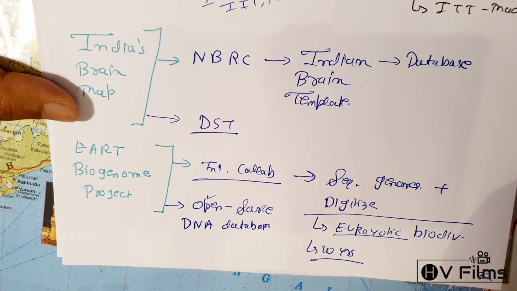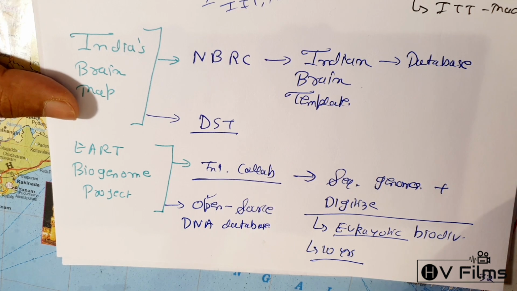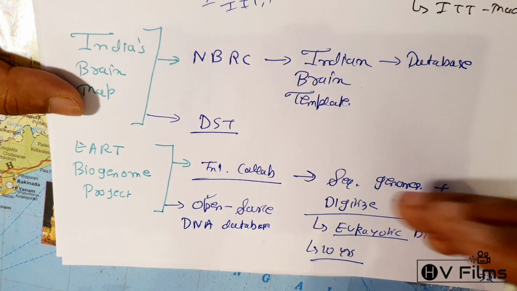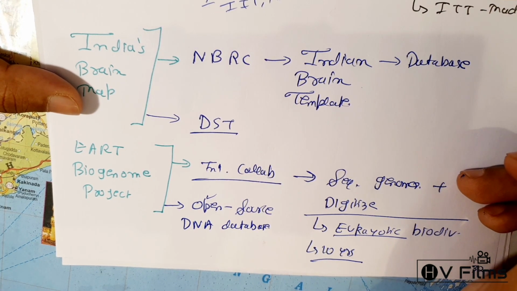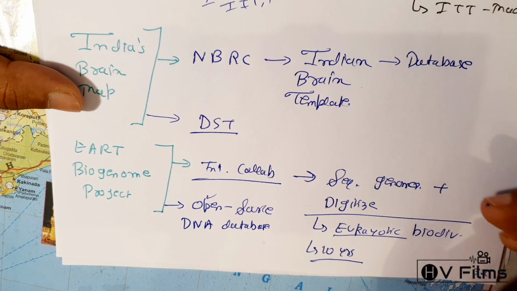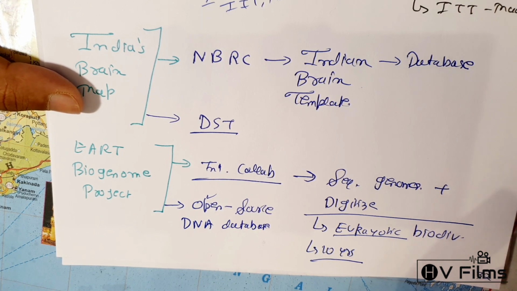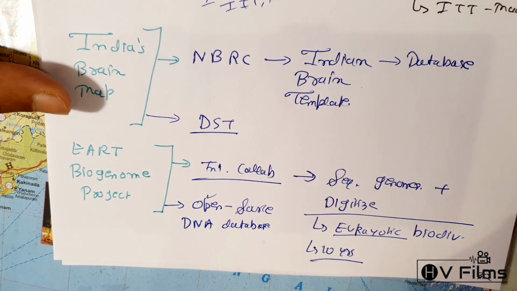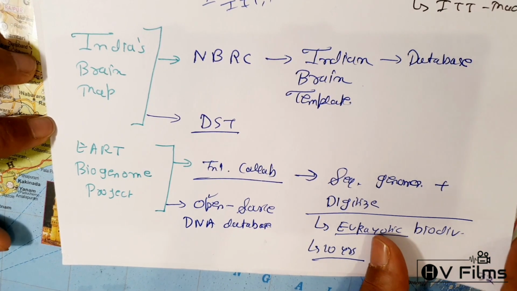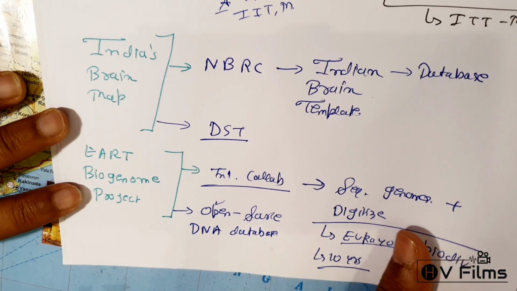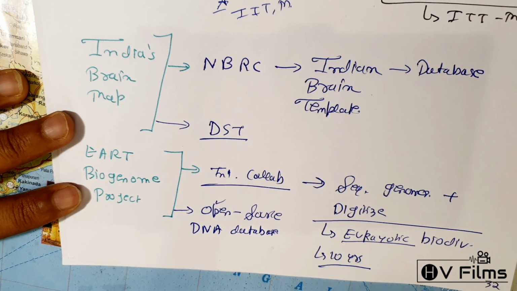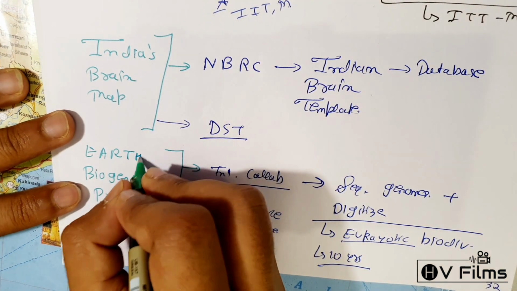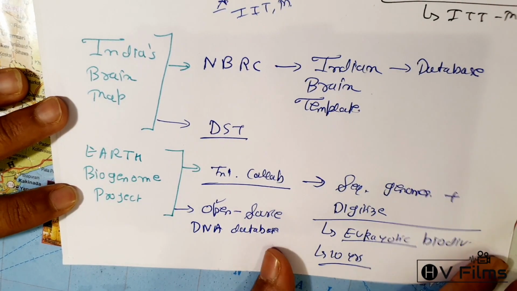And because we are also aligned to the Nagoya Protocol to the Convention on Biological Diversity, which requires the sharing of benefits with the local communities, it goes against that also. But let's see. This is what it is about the Earth Biogenome project. And I forgot the H here. Yes, Earth Biogenome project.